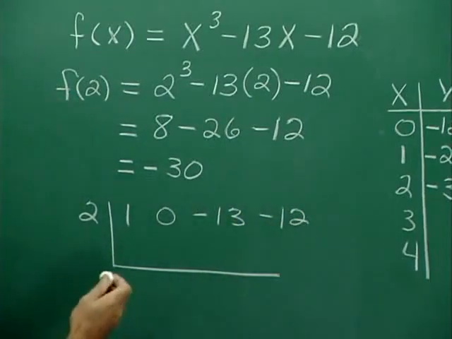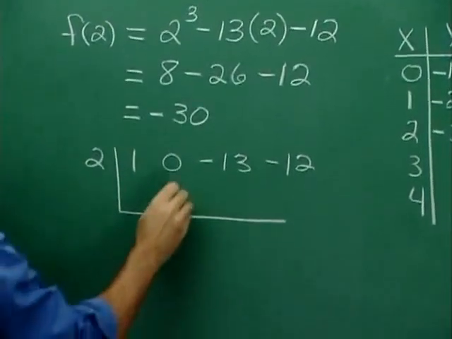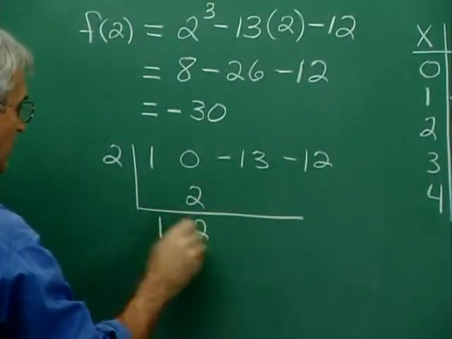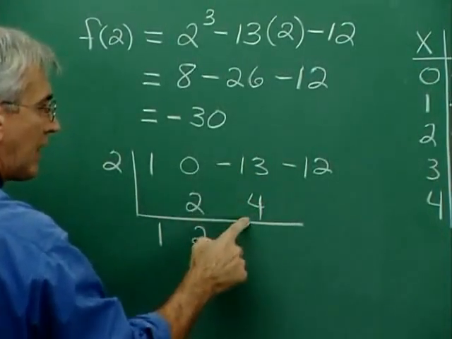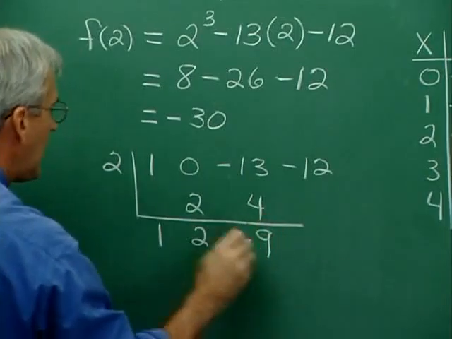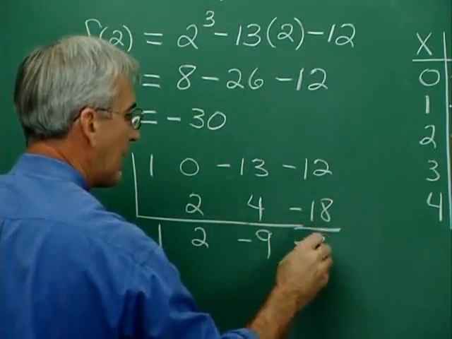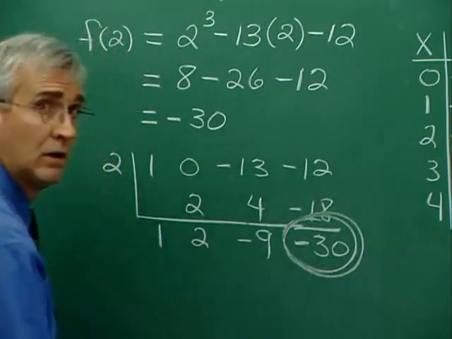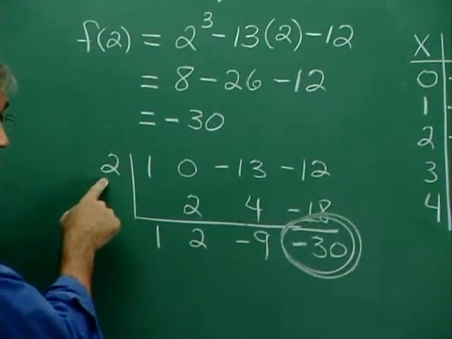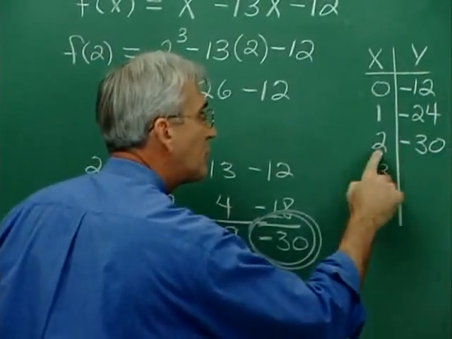And now here we go synthetically. Bring down the 1. 2 times 1, 2. Together here, 2. 2 times 2, 4. Together here, negative 13 with 4 is negative 9. 2 times negative 9, negative 18. Together, negative 30. Negative 30 turns out to be f of 2. So f of 2 is negative 30.